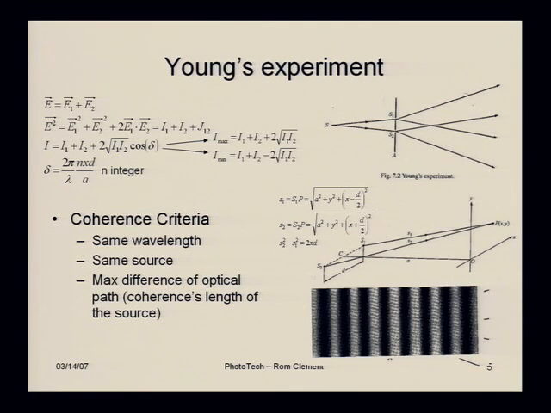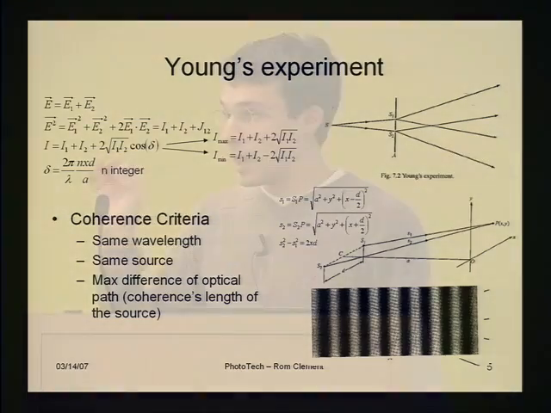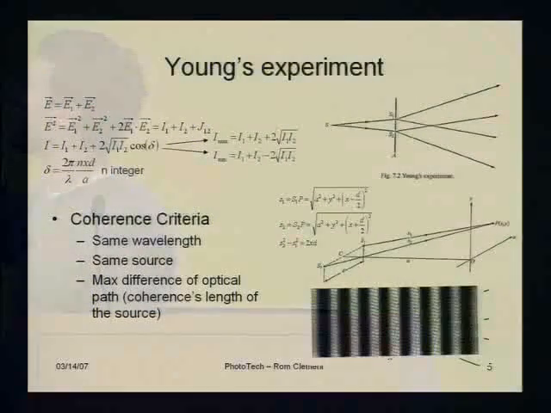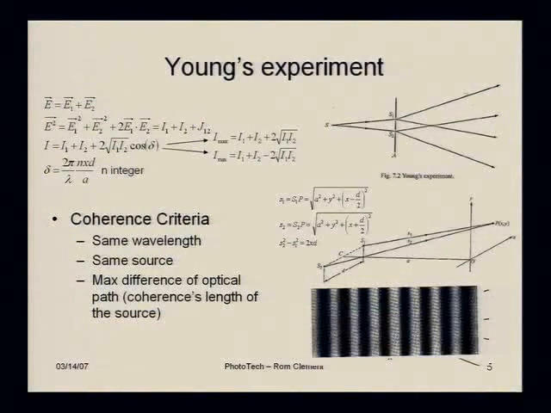Everything that we're going to do, and mainly for diffraction, is based on this aspect, which is that because I will have a slightly different optical path, I will create constructive or destructive interferences. I won't go into too many details, but in the case of the Young experiment, it is very important, in order to have interferences, that we have the same wavelength and the same sources.